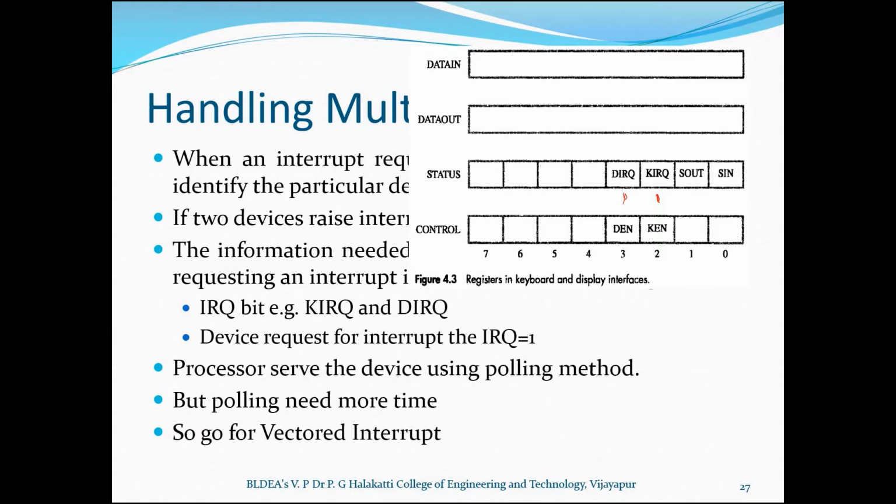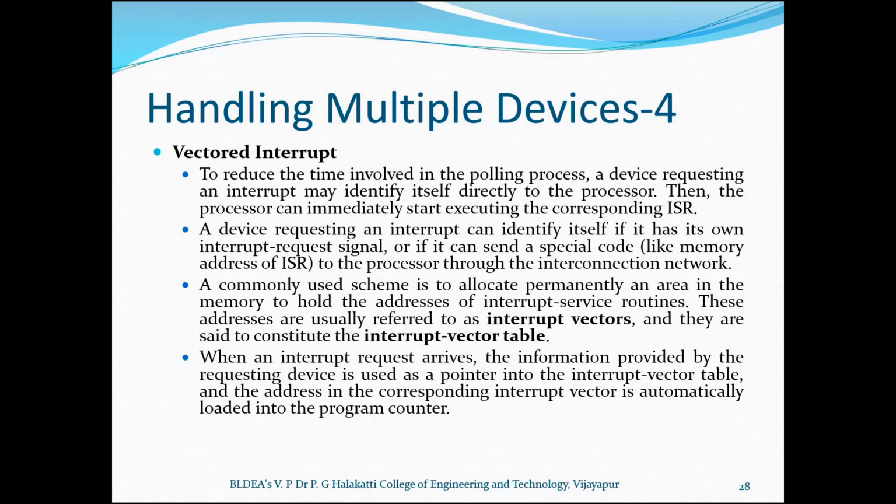So we go for vectored interrupts. Now what is a vectored interrupt? We use vectored interrupts to reduce the time involved in the polling process. A device requesting an interrupt may identify itself directly to the processor. Then the processor can start executing the corresponding interrupt service routine.